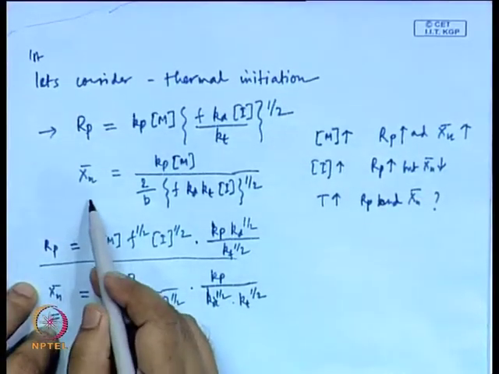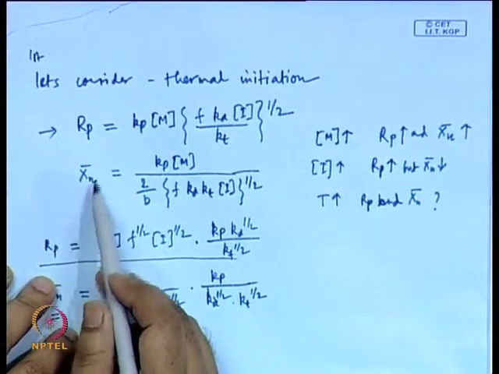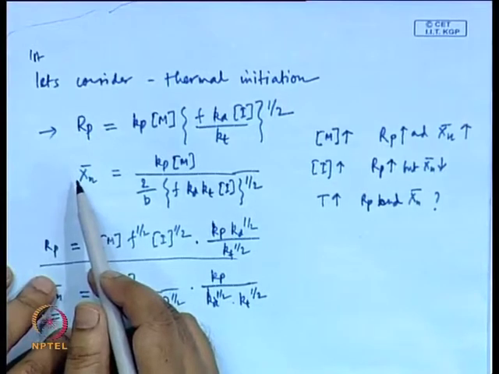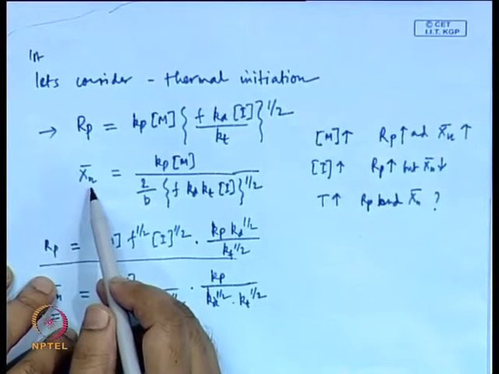If you recollect the value for, say, your Xn, this is your average degree of polymerization for a thermally initiated polymerization.